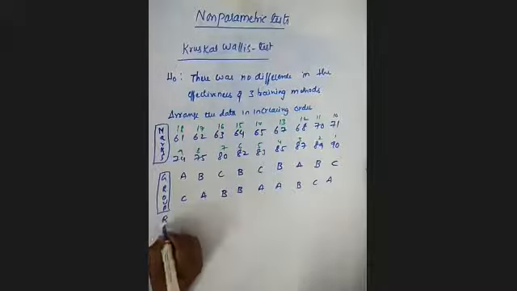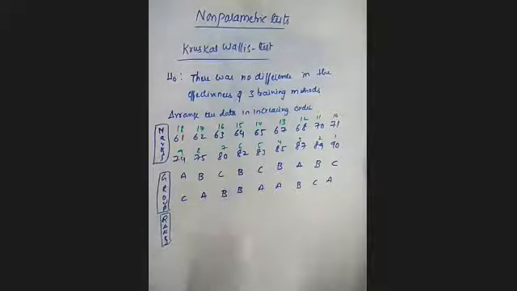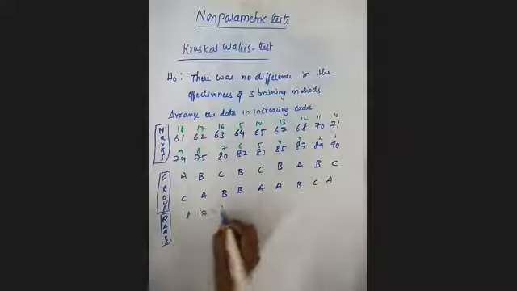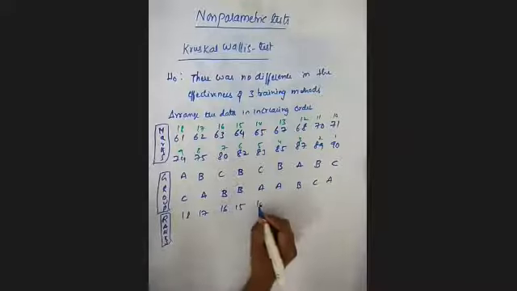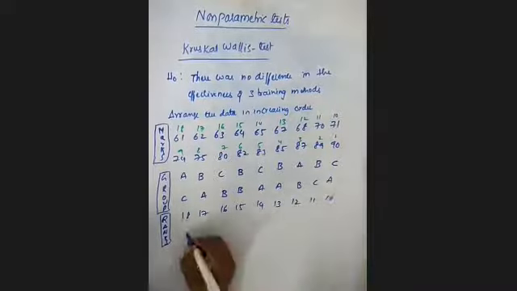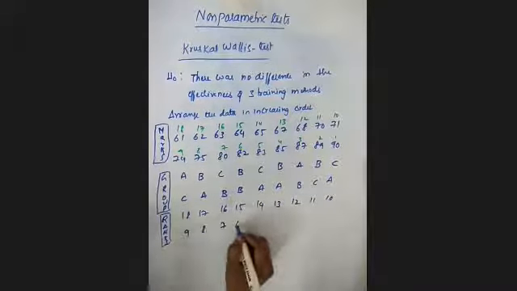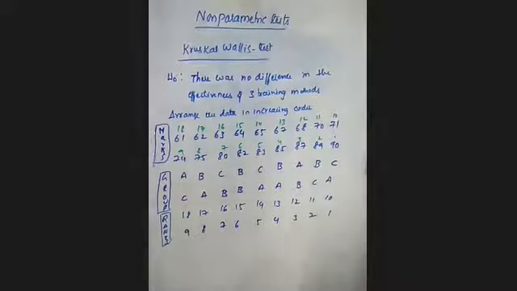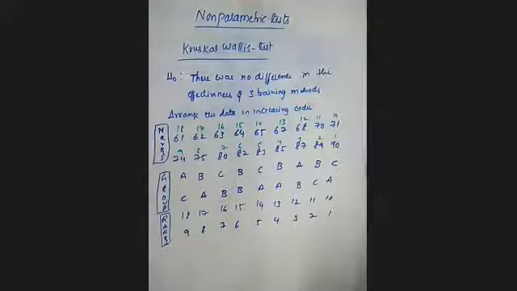Next, we have to arrange the ranks: 18, 17, 16, down to 1. The observations in the first sample are assigned the ranks.